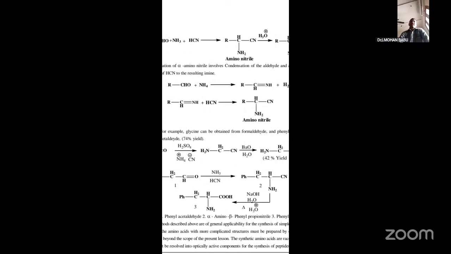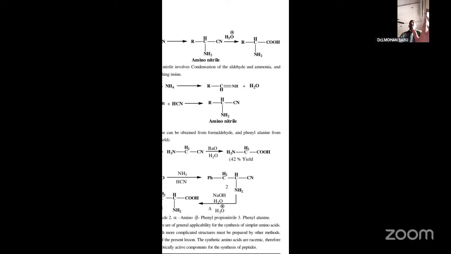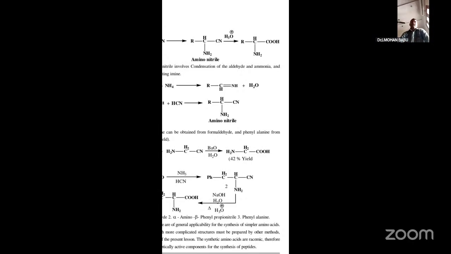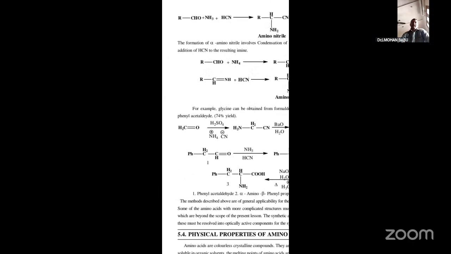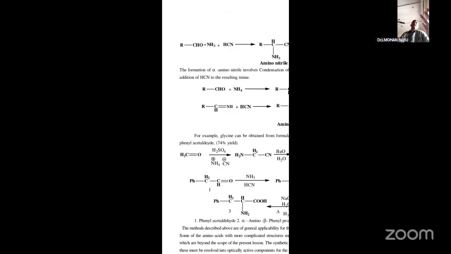So first, initially we get this amino nitrile, and upon hydrolysis, this nitrile is going to convert into an alpha amino acid. Okay, this is Strecker's method, right? So what are the reactants in this method? Aldehyde, and the ammonia and hydrogen cyanide, right?